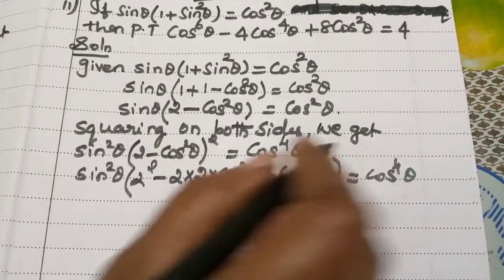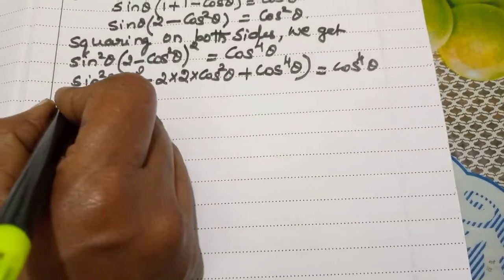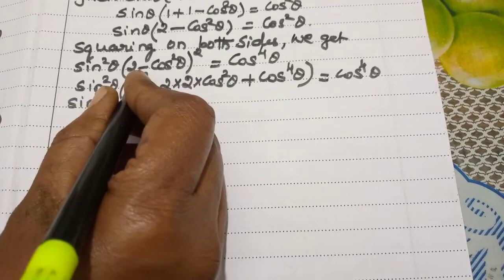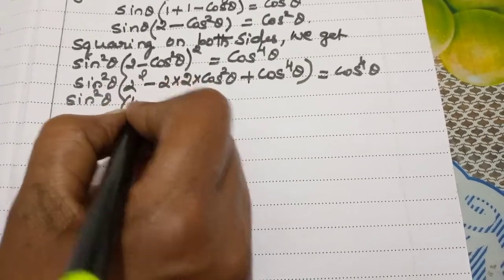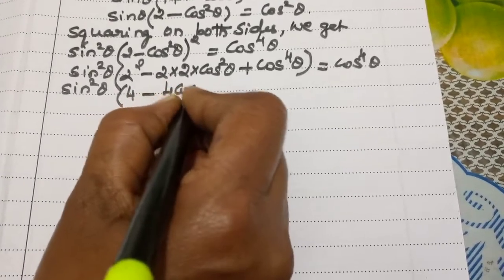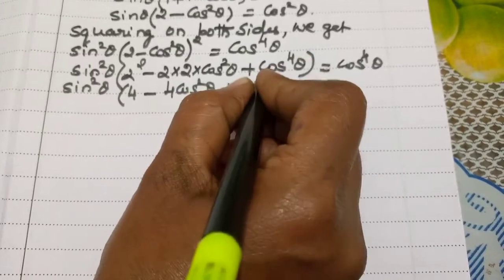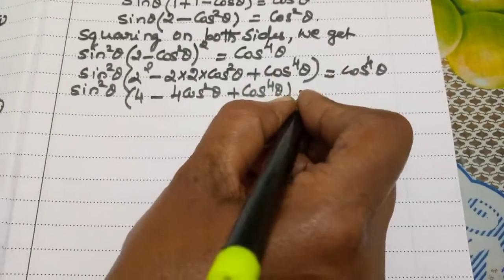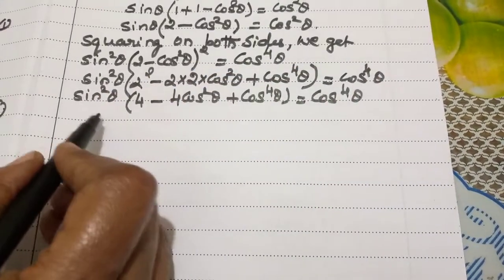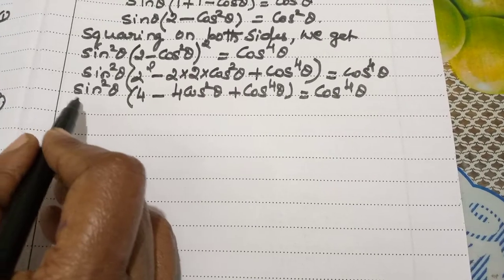That is sin square theta into simplify. 2 square is 4 minus 2 into 2, 4 cos square theta plus cos power 4 theta is equal to cos power 4 theta. Now the sin square theta can be written 1 minus cos square theta.